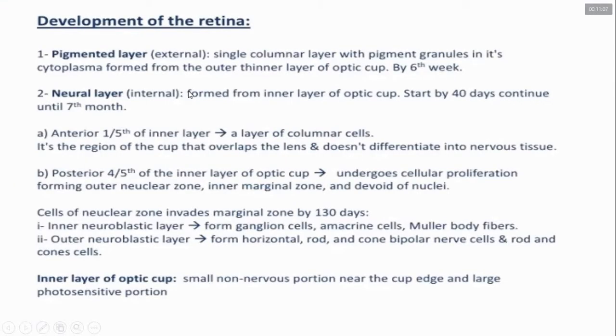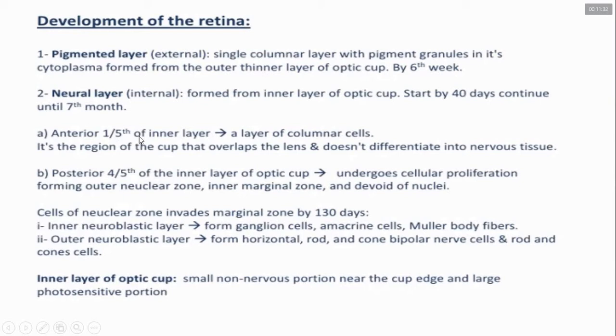During development, the pigment layer is a single columnar layer with pigment granules in its cytoplasm, from the outer thin layer of the optic cup. The neural layer, which is the internal layer formed from the inner layer of the optic cup, starts by 40 days and continues until 7 months.